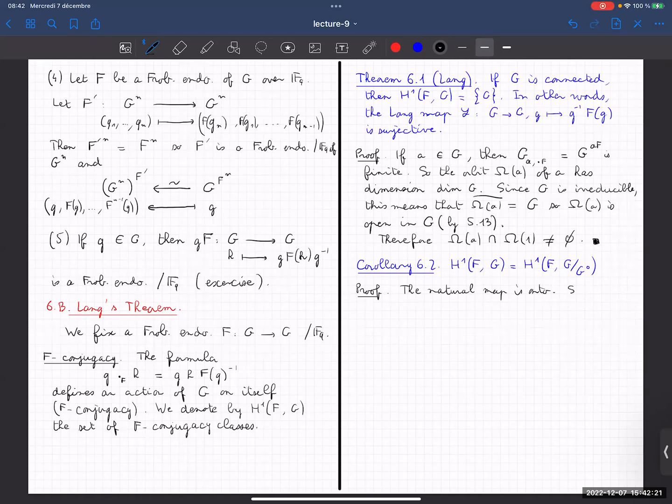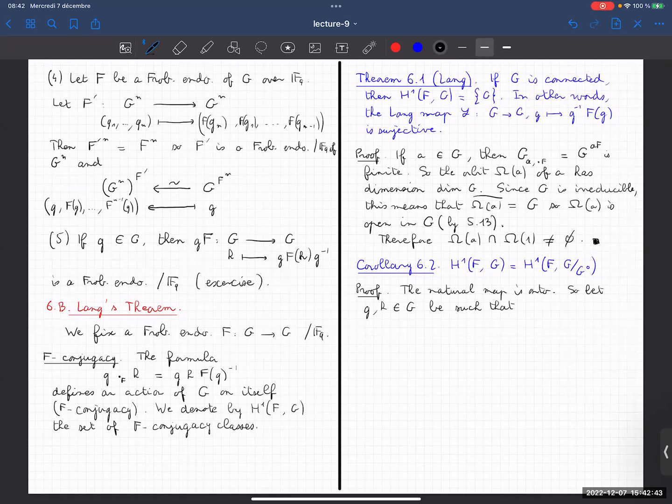So for this, let g and h be elements of G such that their images in G mod G0 are in the same F conjugacy class.